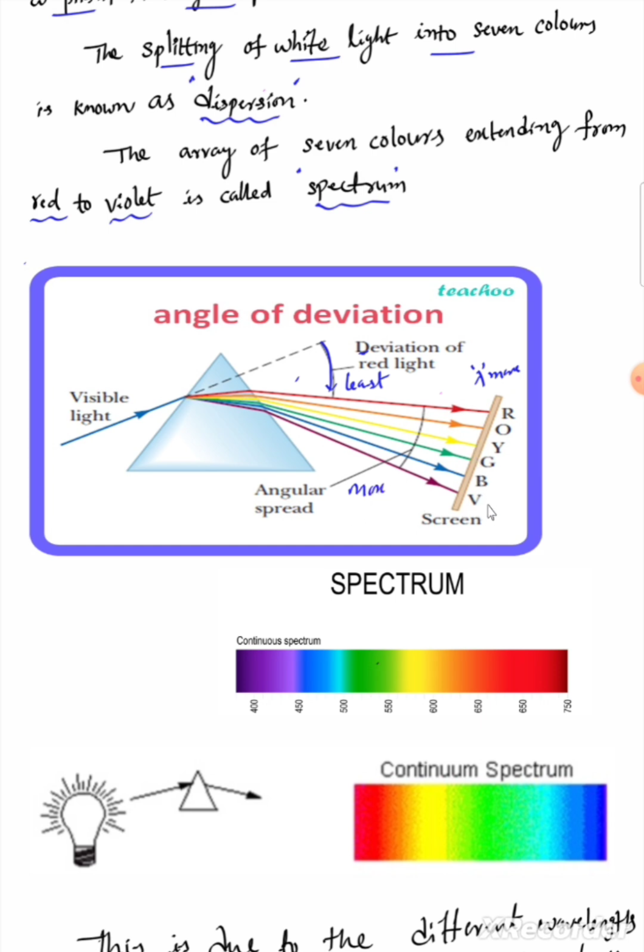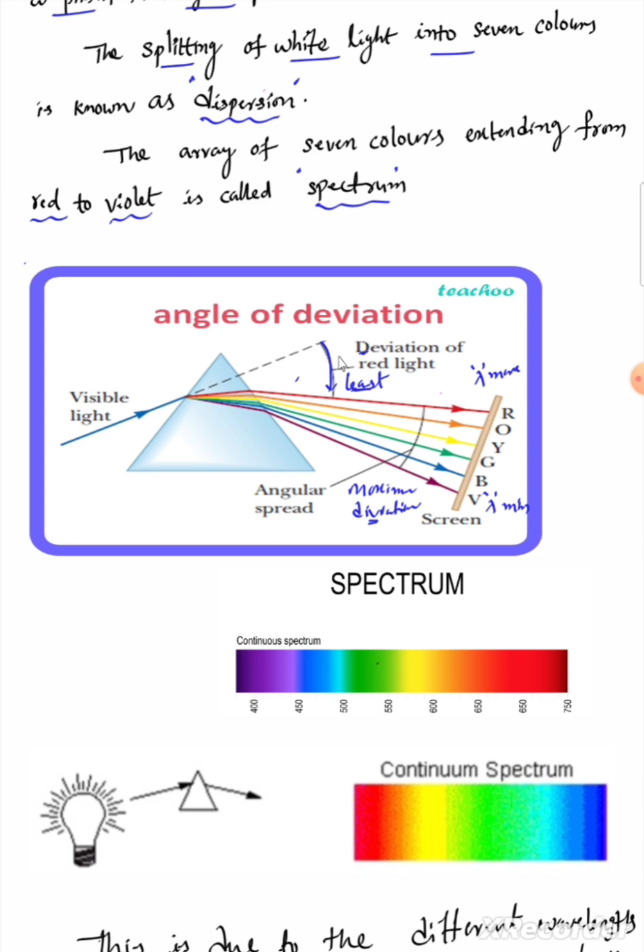Why? Its wavelength is less. Violet color wavelength is minimum, that's why it deviated maximum. Red color has least deviation and violet color has maximum deviation.